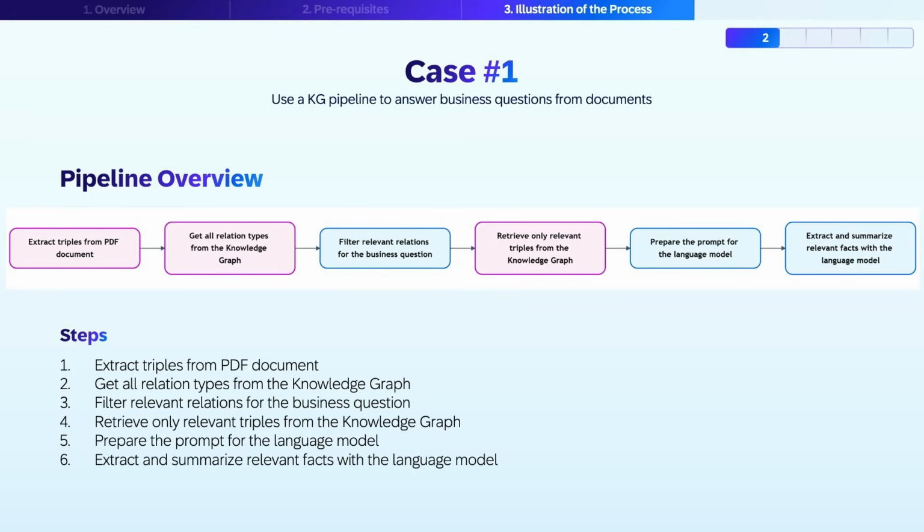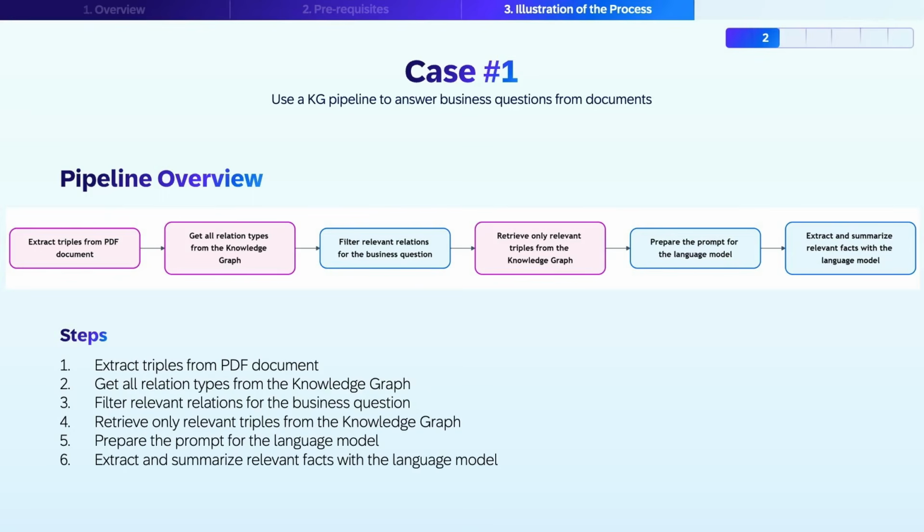Then we identify all relation types available in the knowledge graph. Next, we filter out only those relations relevant to the business question, retrieve the matching triples, and generate a context-aware prompt. Finally, the large language model summarizes the facts into a clear, business-friendly output. Each step is modular and reusable across similar scenarios.